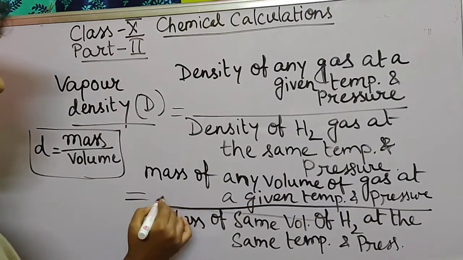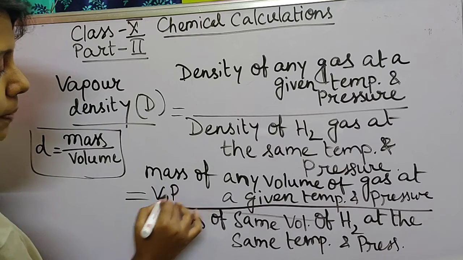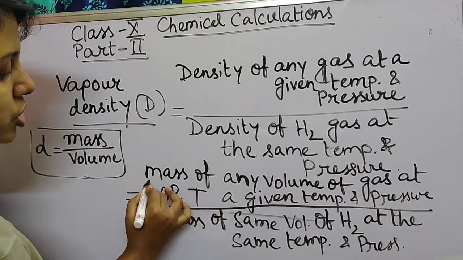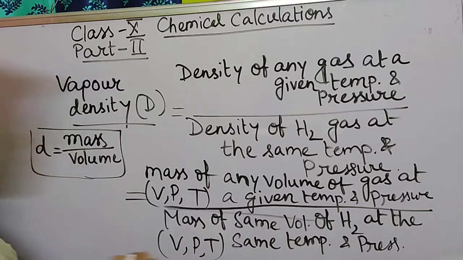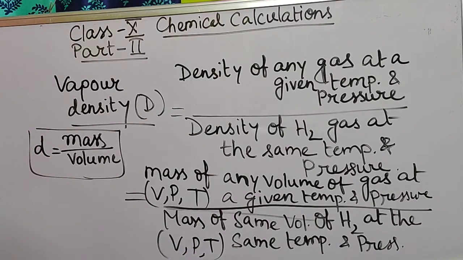If the volume is V, the pressure is P and the temperature is T, these three conditions must be the same for them. By calculating their ratio, we can calculate its mass.